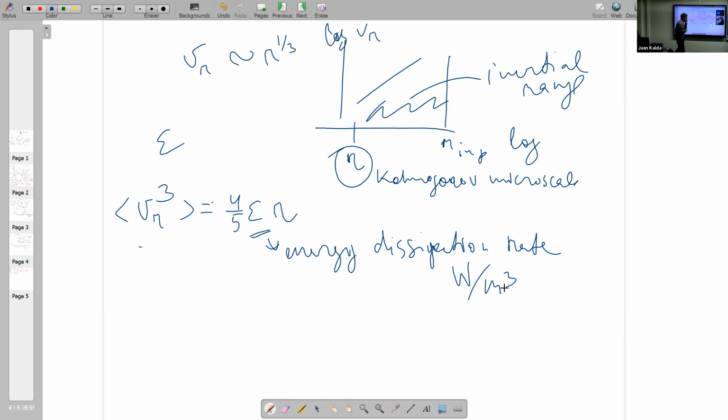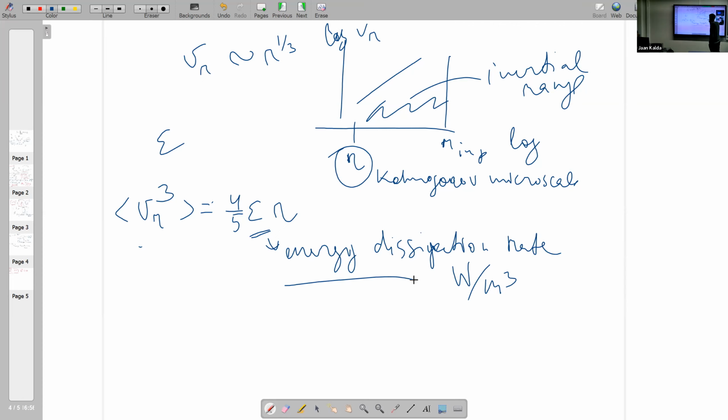And because of energy conservation, the energy dissipation rate is also equal to the energy supply. As much as we supply, as much needs to dissipate at the end of the day, right? So the energy dissipation rate is equal to the energy input rate, though usually we speak about the dissipation rate.